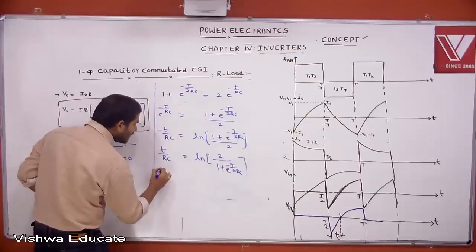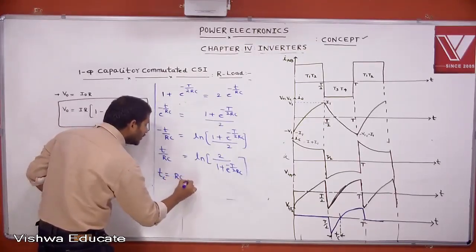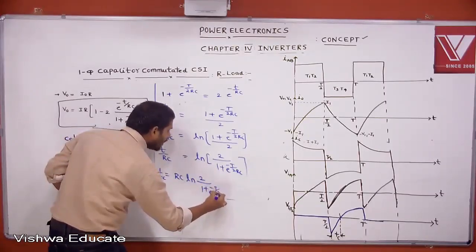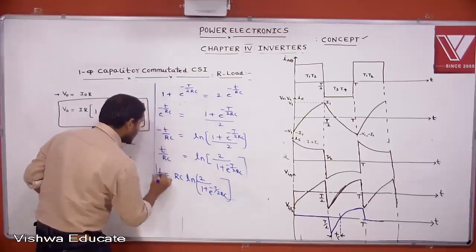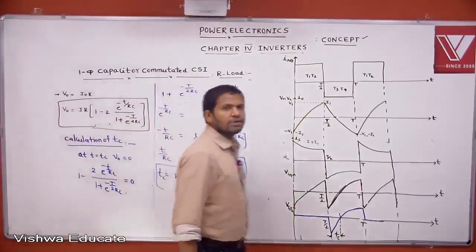Then t equals RC into ln of 2 by (1 plus e power minus t by 2 RC). This time is called the circuit turn off time. This is the circuit turn off time of the capacitor commutated current source inverter.